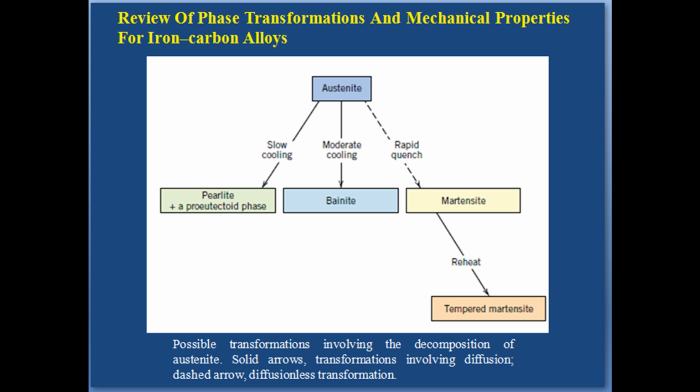The temperature ranges over which pearlite and bainite form are consistent with the isothermal transformation diagram for these alloys and are noted at the tops. Now we will move further with the next point, that is martensite. We are discussing mechanical properties associated with iron-carbon alloys.